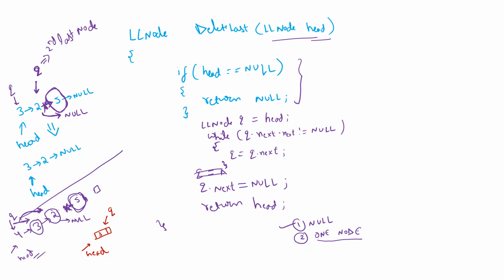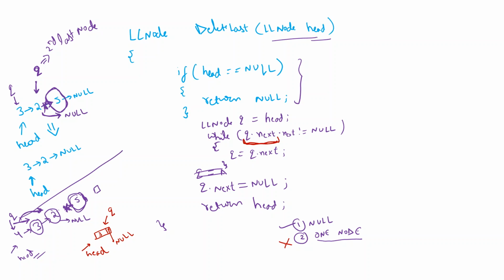So Q dot next is this part, and this part is null. So that means this part is null, and then you do dot next. So you're again doing null dot next. You cannot use a dot on a null object. Null reference basically. It will be a null pointer exception again. So that means your code does not work on one node.